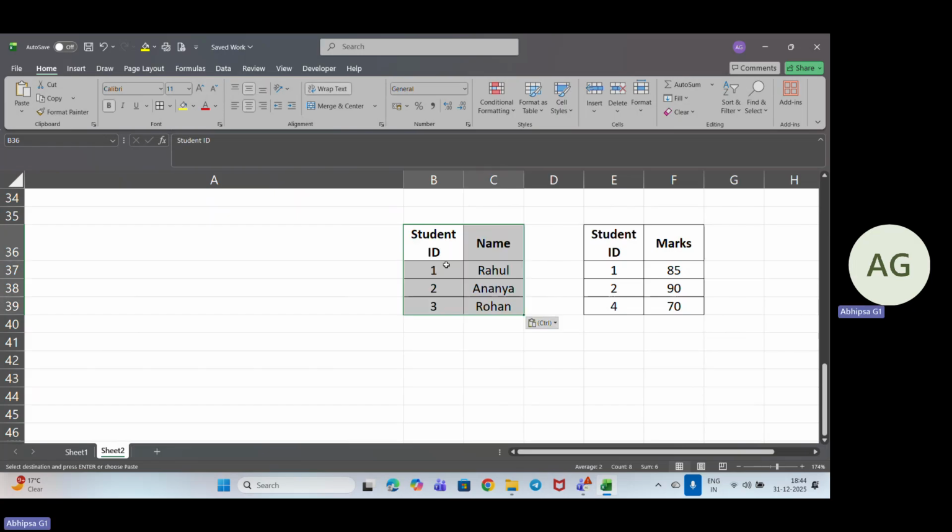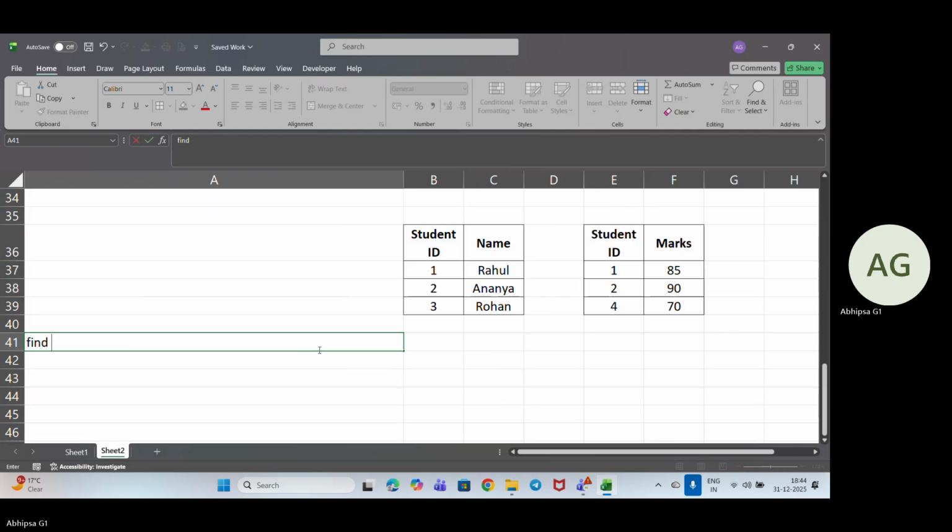Now the same question, and we will be doing it in two ways. The query is: find students who have marks. This is my query.